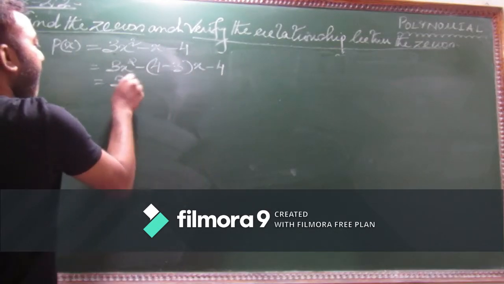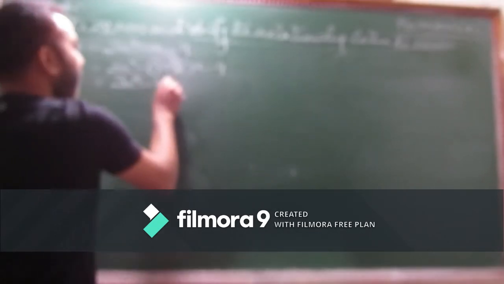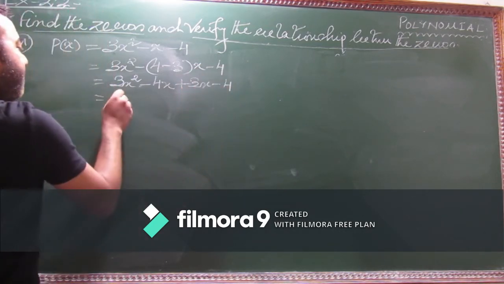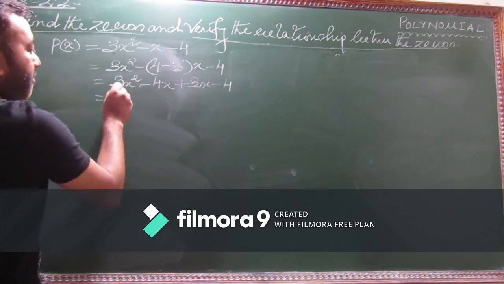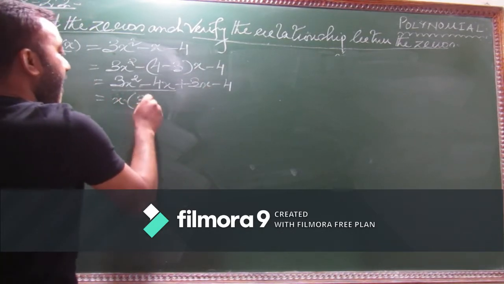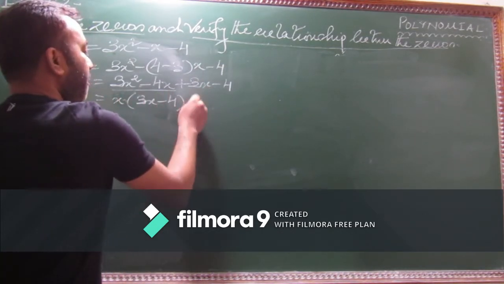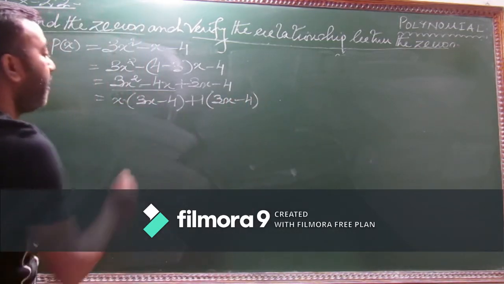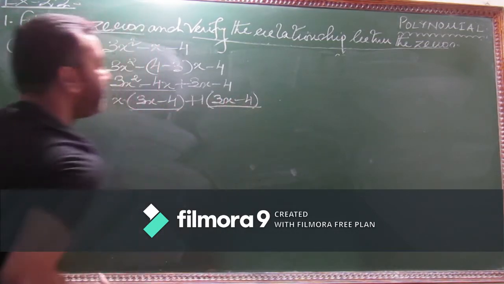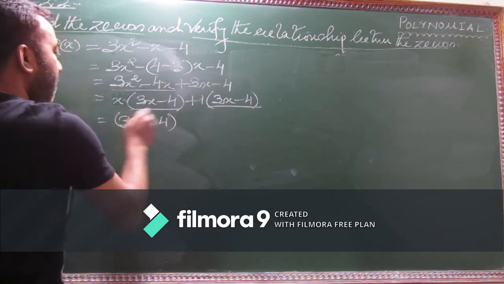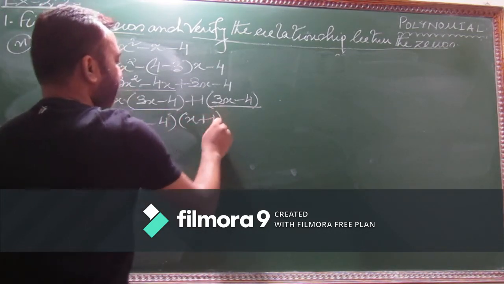This is 3x square minus 4x plus 3x minus 4, since 3 into 4 is 12 and 4 minus 3 is 1. x is common in these two, so this is x common, 3x minus 4 plus 1. This is 3x minus 4. Now this and this are common. So this is 3x minus 4 and this is x plus 1.